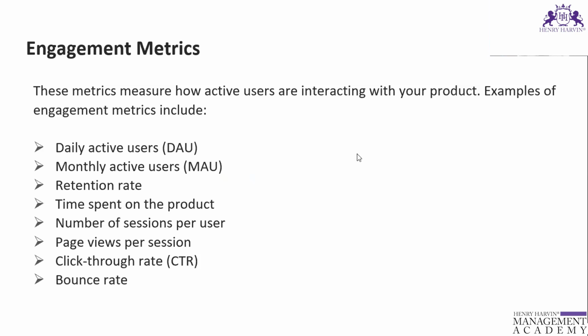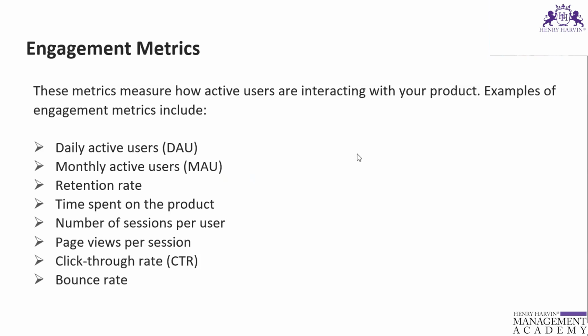The objective of sending a notification can be to increase engagement. With more engagement with a particular website, there is a higher probability that it can lead to a purchase. So these can be the different engagement metrics. Daily active users: how many people are using Netflix on a daily basis? How many are using it monthly, the monthly active users?